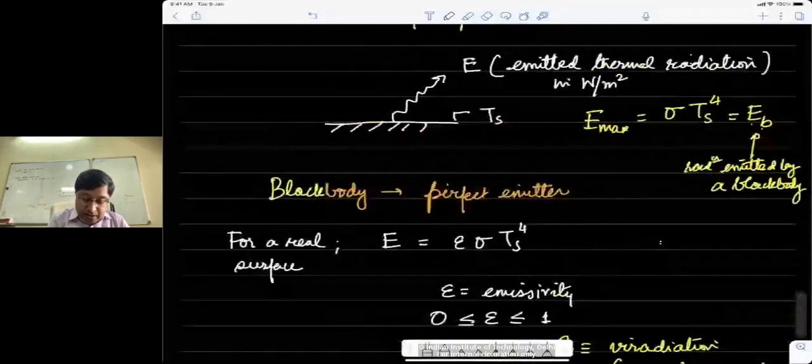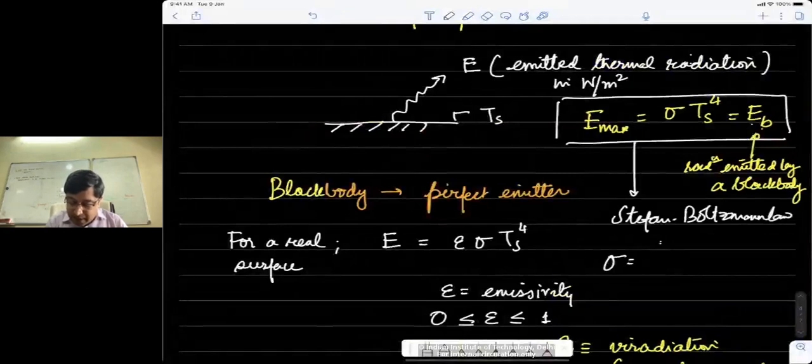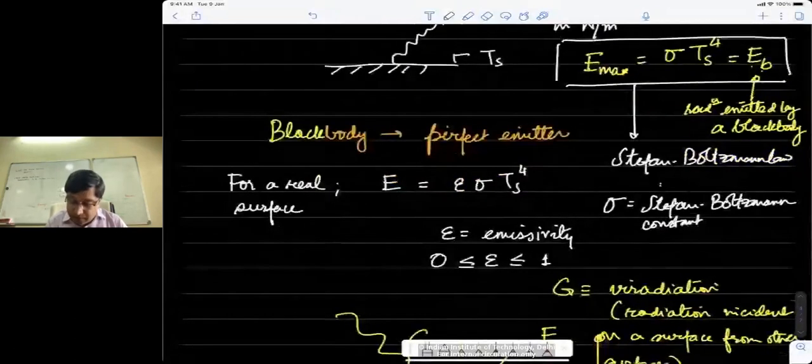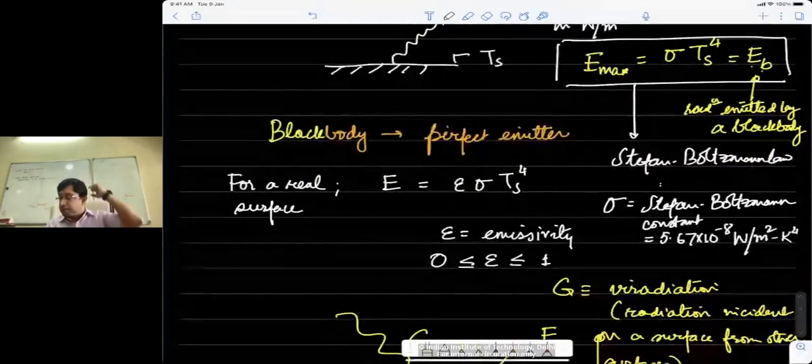By the way, this way of writing it is what is known as the Stefan-Boltzmann law, and sigma is the Stefan-Boltzmann constant, which has a value of 5.67 times 10 to the power minus 8 watt per meter square Kelvin to the power 4, because it's per unit area.